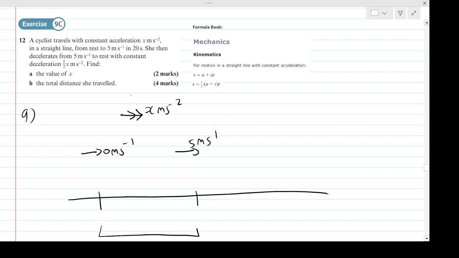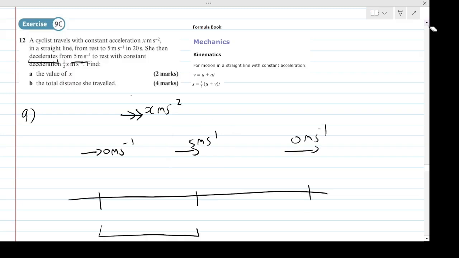Then we're told after she reaches 5 meters per second, she then decelerates from 5 meters per second to rest. So actually this continues on, and then at the end it goes back to rest. She returns back to 0 meters per second at this last point here.